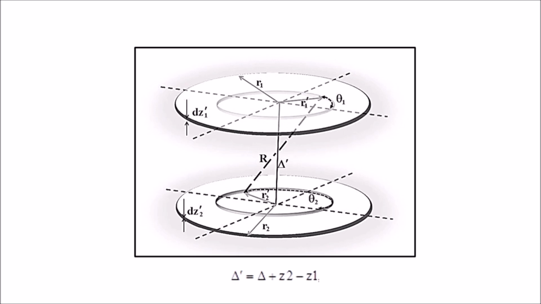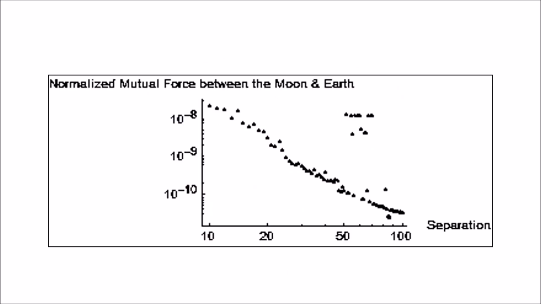So when we go ahead and apply this, I used a particular example. I used the example of the Earth and the Moon to find a statement for the mutual interaction between the Earth and the Moon as two extended objects and not as point objects. And the separation here is in terms of the smaller object, the Moon, and its distance from the center of the Earth in terms of Earth radii.